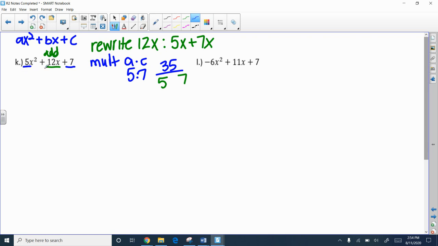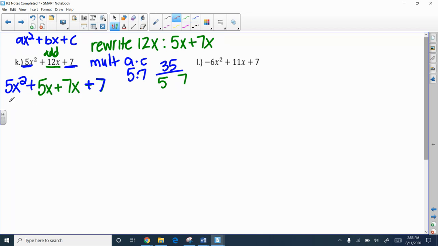All right, so I'm going to rewrite my polynomial. The first term doesn't change. It's still 5x squared. The 12x, I'm rewriting as 5x plus 7x. And then the last term, the plus 7, also doesn't change. So all I did was rewrite the middle term.